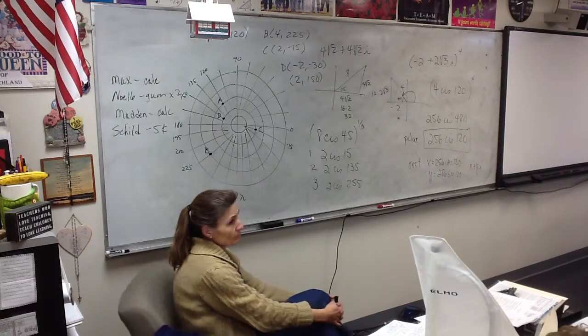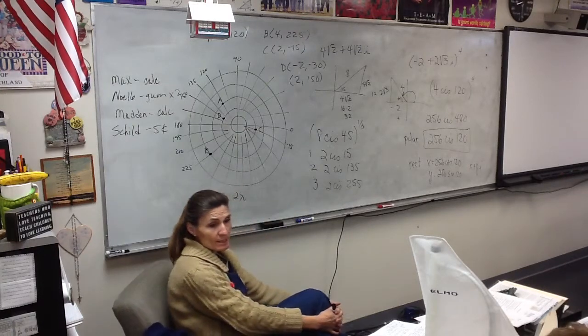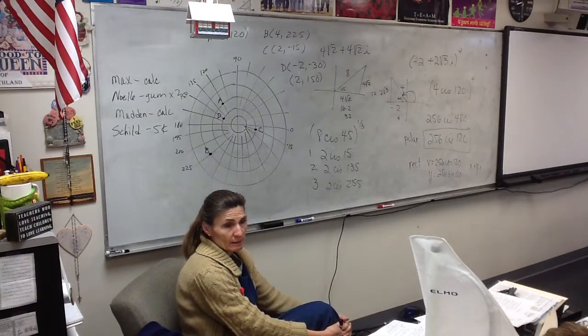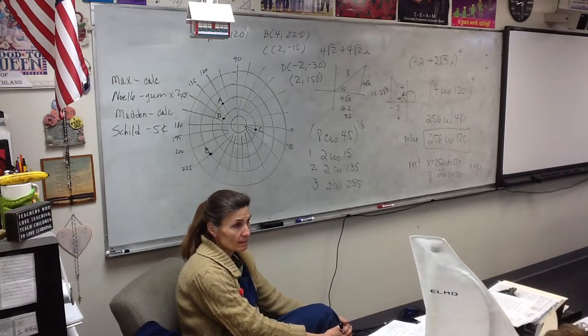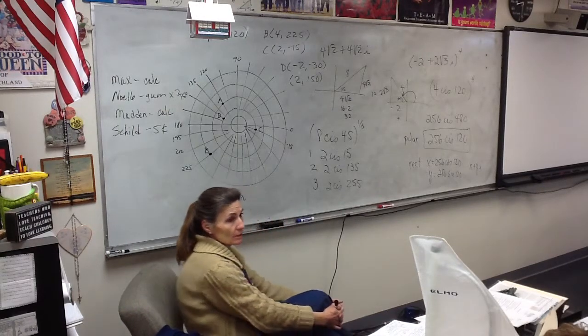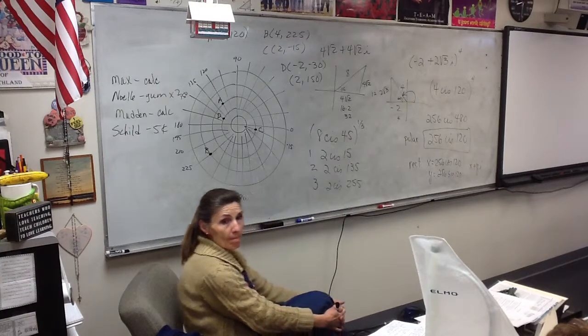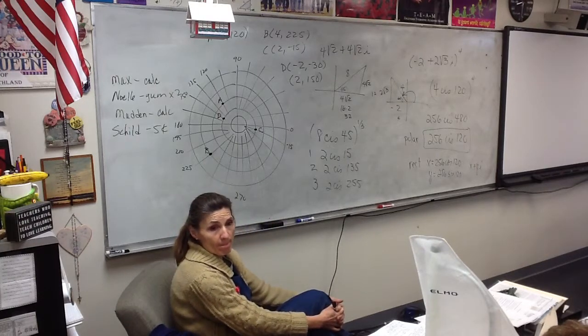Because it still has that loop. That's right. You have a 2 and a 3, right? Instead of a 3 and a 3 or a 2 and a 2. So did you get a little interior loop in there? Yeah. If it is a cardioid, it doesn't have that loop in the middle, and they're both the same coordinates. Right.